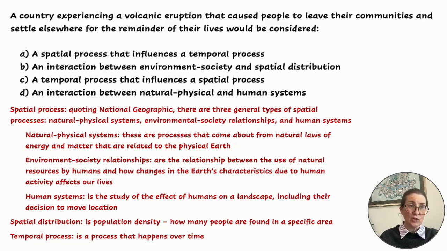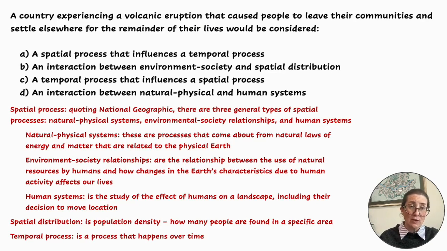Let's define these terms. Spatial process. To quote National Geographic, there are three general types of spatial processes: natural physical systems, environmental society relationships, and human systems. Natural physical systems are processes that come about from natural laws of energy and matter that are related to the physical earth.